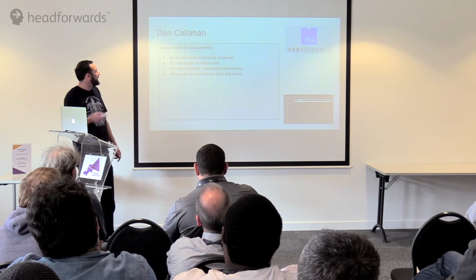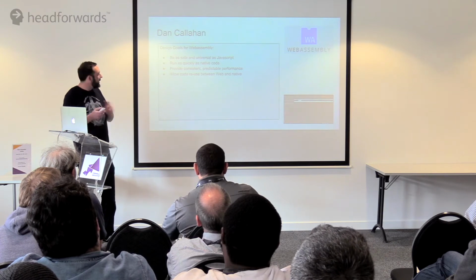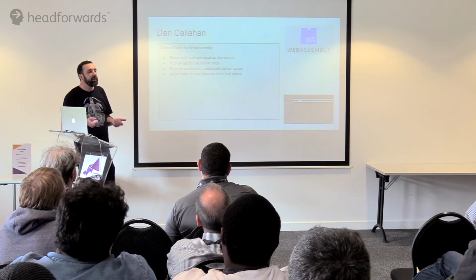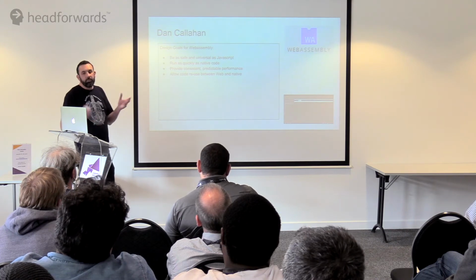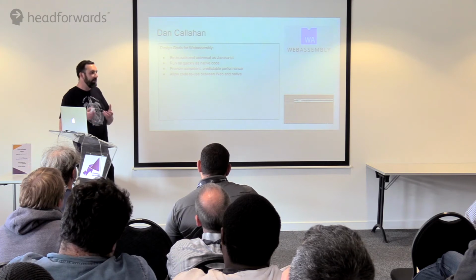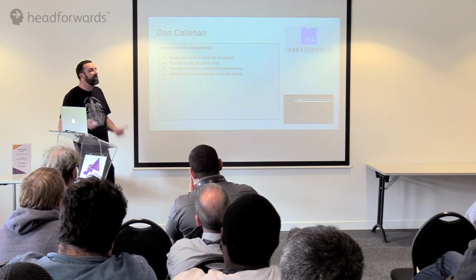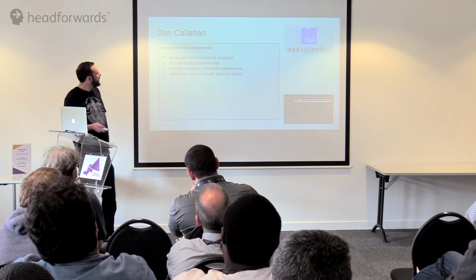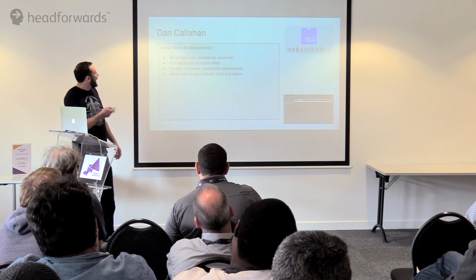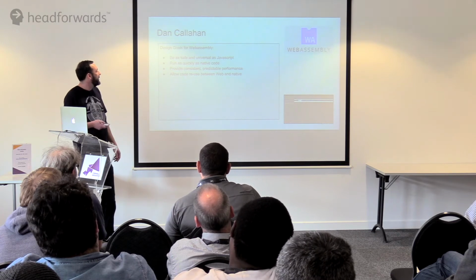Provide consistent and predictable performance. So your code should run at the same speed no matter which browser it's on. Just because the Chrome JavaScript interpreter does a better job of optimizing your code, we don't want inconsistent performance between browsers. WebAssembly should be the same for all of them. And allow code reuse between the web and native.